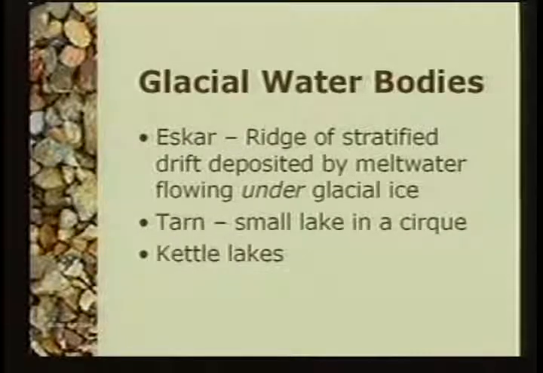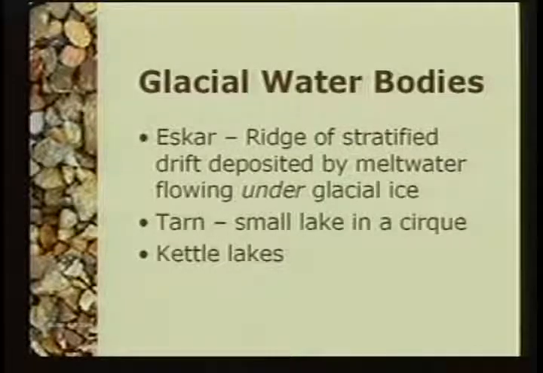There are different water bodies and features associated with glaciers as well. An esker is left behind by a river flowing underneath the glacial ice. It's stratified drift because, one, it was deposited by flowing water and not ice, and water does sort material unlike ice.